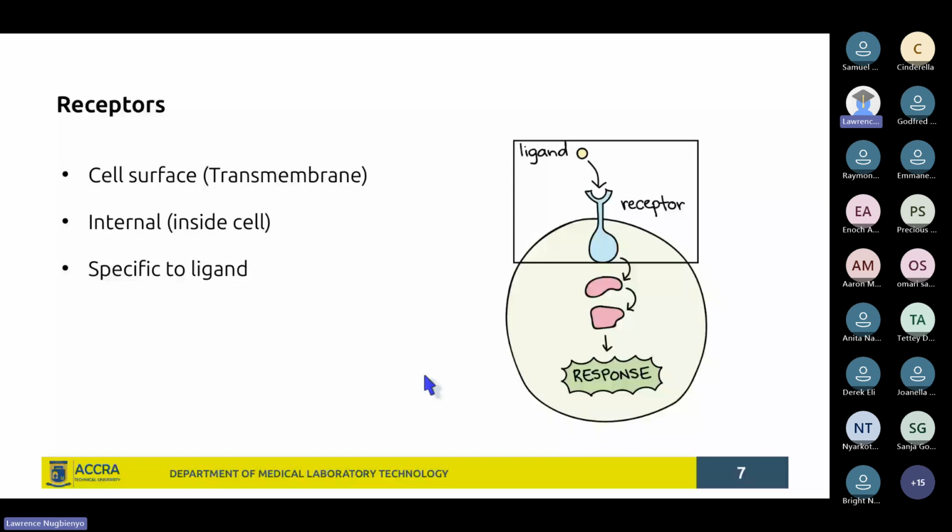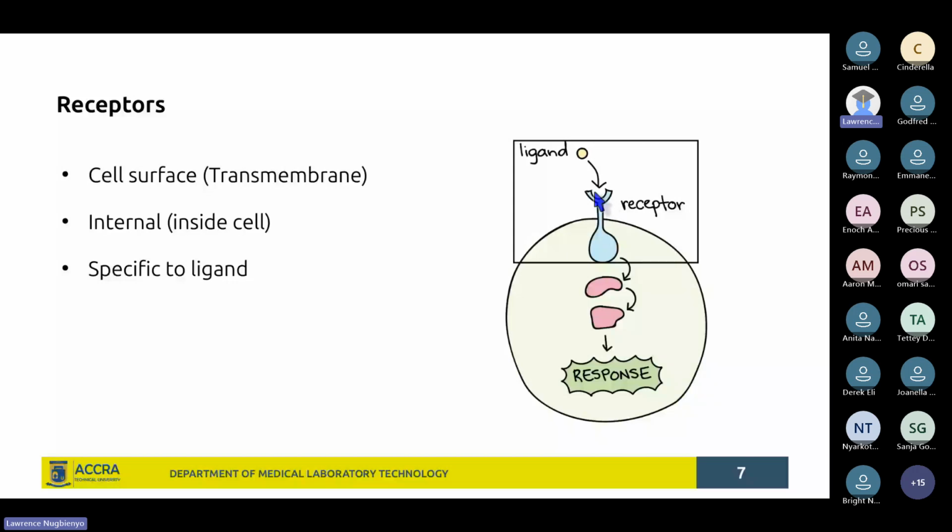And so we have these types of receptors. The cell surface, which we also refer to as the transmembrane receptors. It is actually what is being shown here, because you see the cell and you have the receptor, which is embedded in the cell membrane, and a ligand is coming to interact with that receptor.